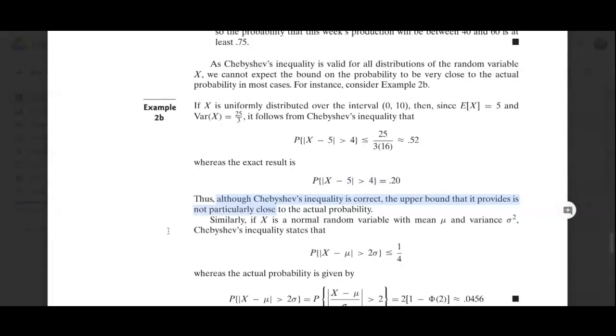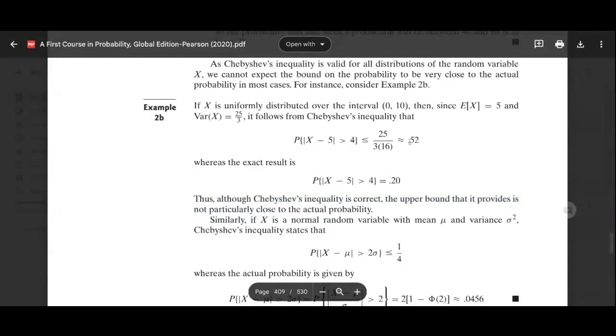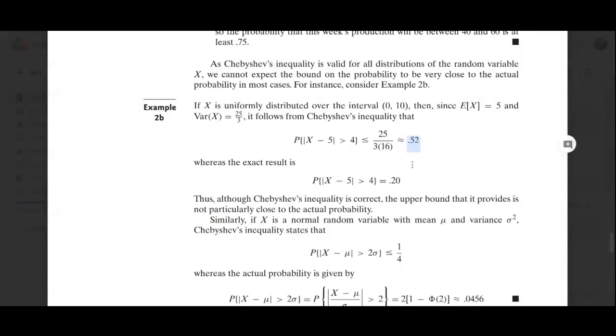So let's read this. Chebyshev's inequality is correct, but the upper bound that it provides is not particularly close to the actual probability, right? So this is just an upper bound. It can be at most this much, but the exact value is this one, because it's kind of far away. It's not particularly close to the actual probability, which is why sometimes it's of no use.